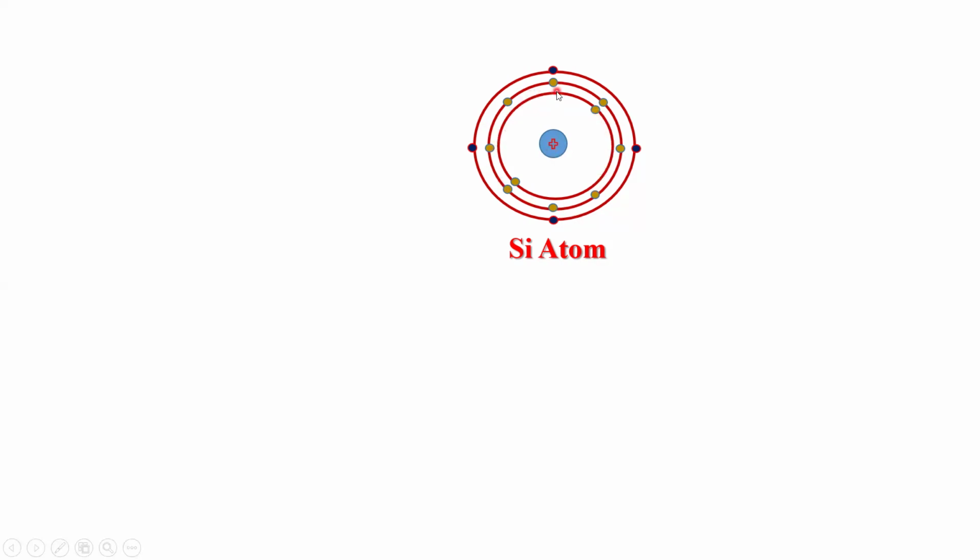And these electrons carry the negative charges. The most important point that we want to recall here: in the outermost shell, or the outermost orbit, silicon has 4 electrons, 1, 2, 3, and 4. These electrons are called valence electrons.